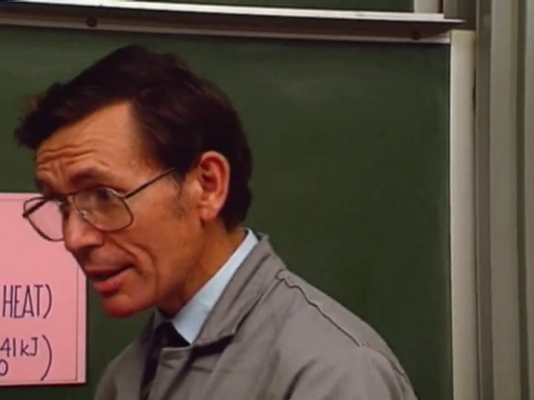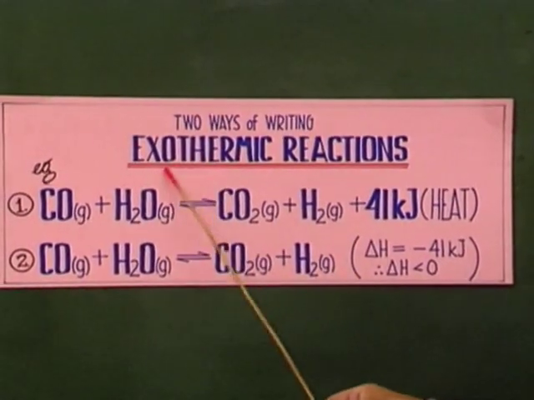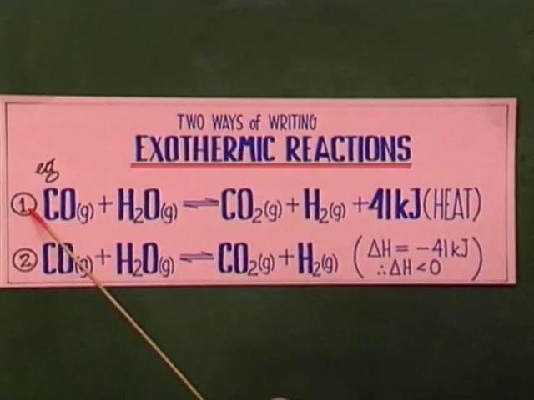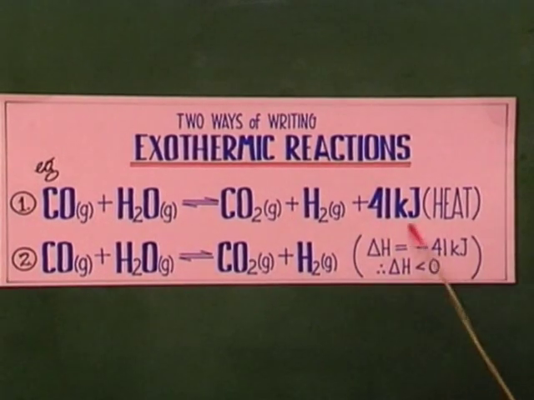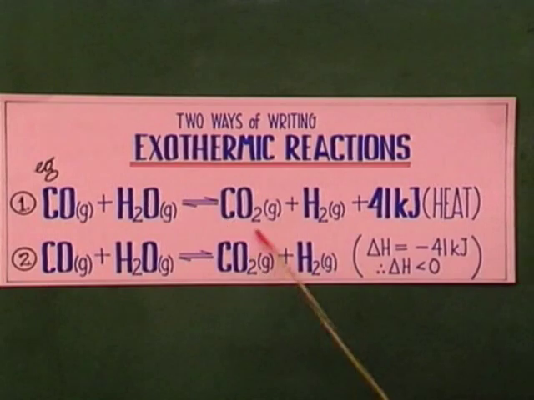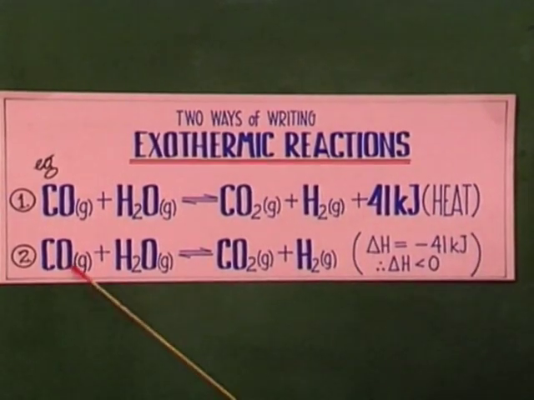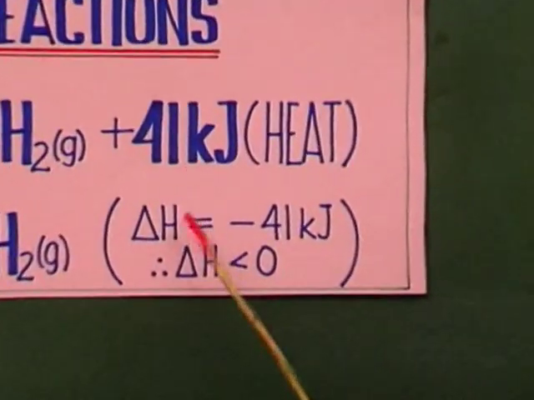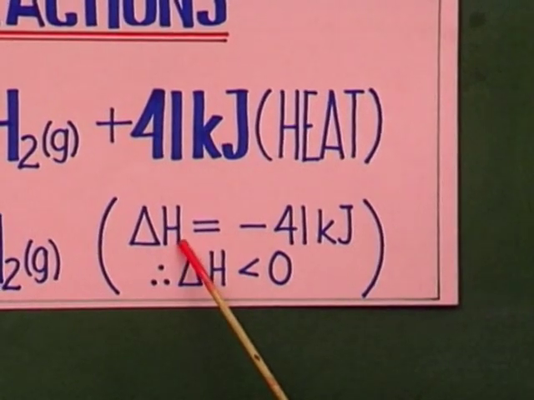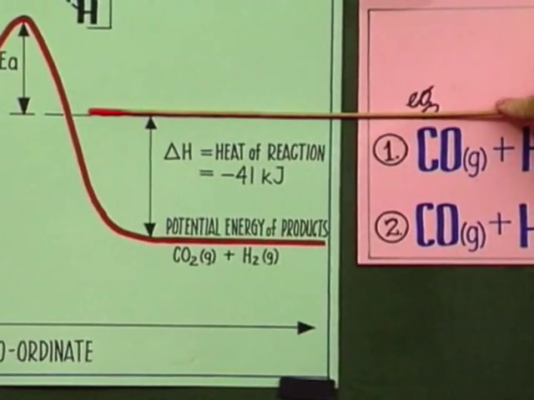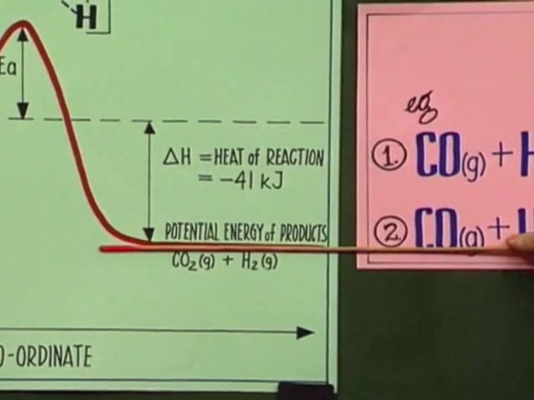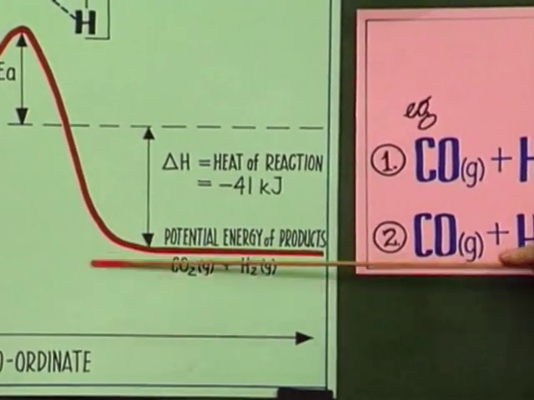There are two ways of writing exothermic reactions. We can either show the heat developed as one of the products, or we can simply write the equation and then indicate the heat of reaction delta H as being negative, since the potential energy of the products falls below the zero potential energy level.